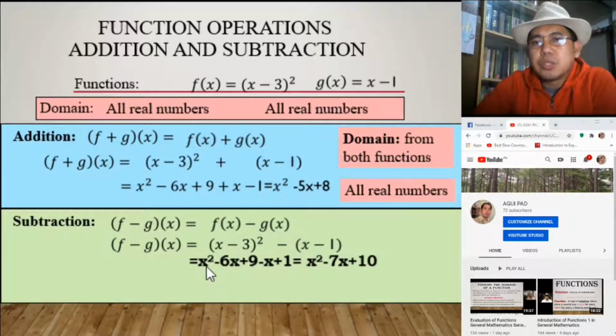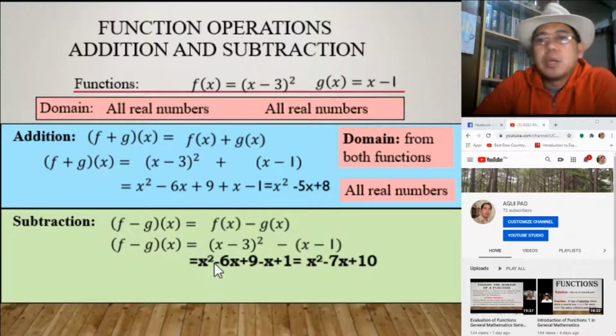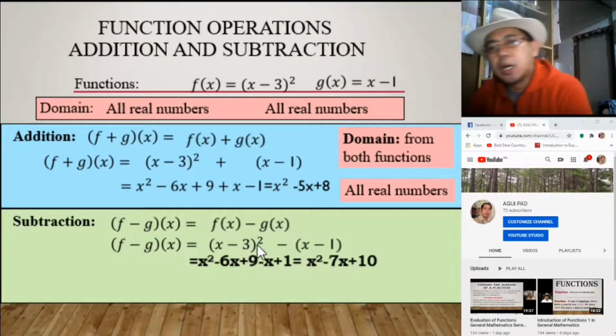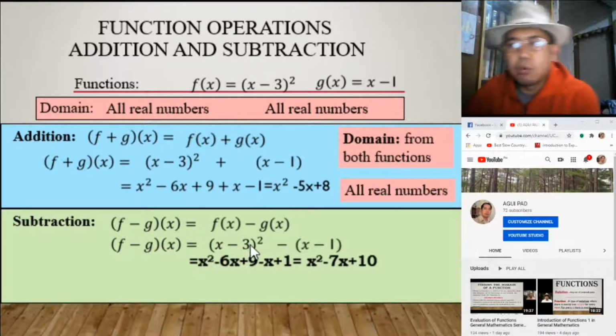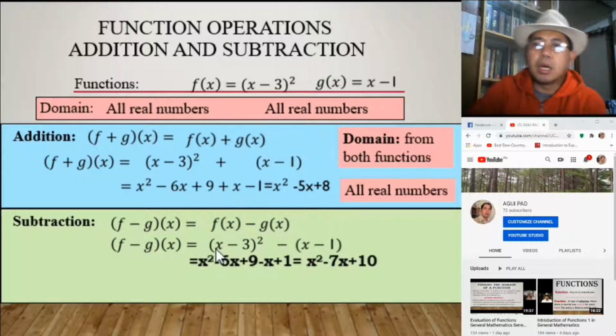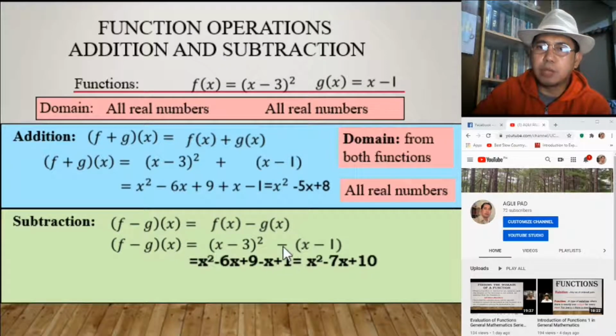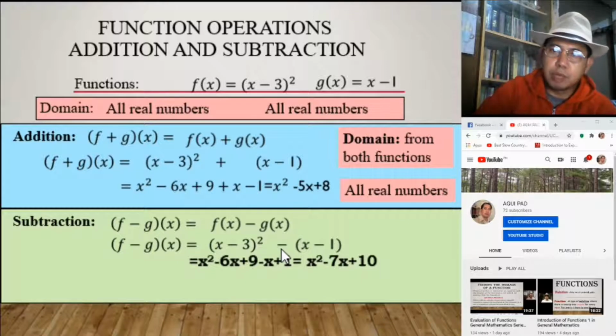You will notice this x raised to 2 minus 6x plus 9 is the expanded form of the square of binomial x minus 3 raised to 2. And of course, this minus x plus 1 is the result of negative multiplied by x, which gives you negative x, and negative multiplied by negative 1, which gives you positive 1.